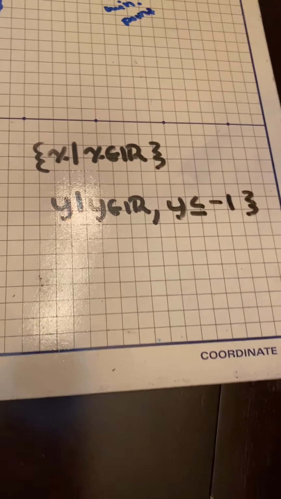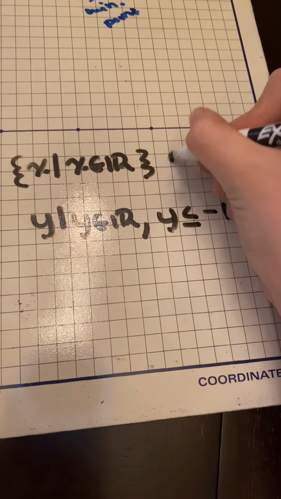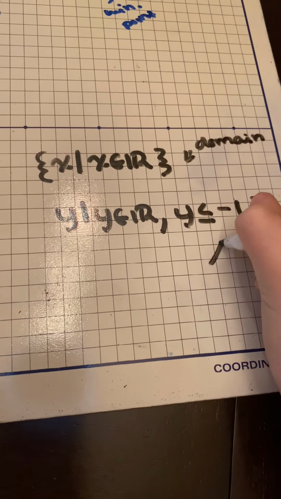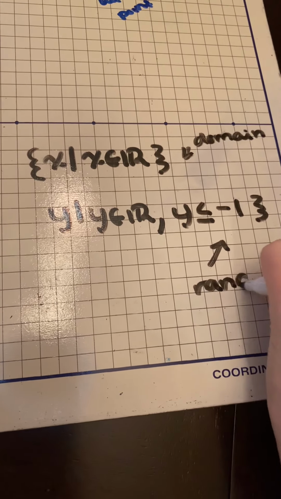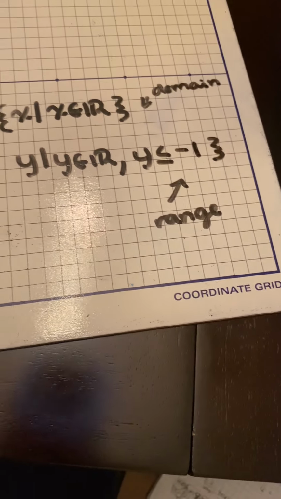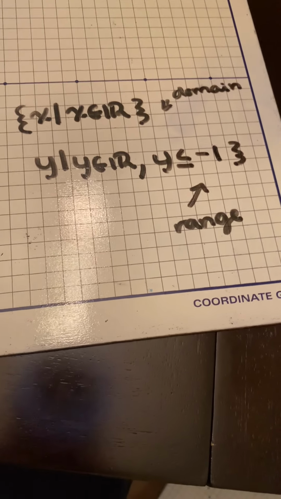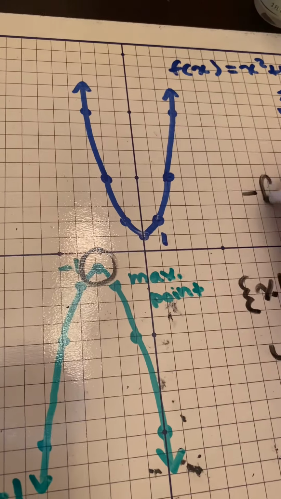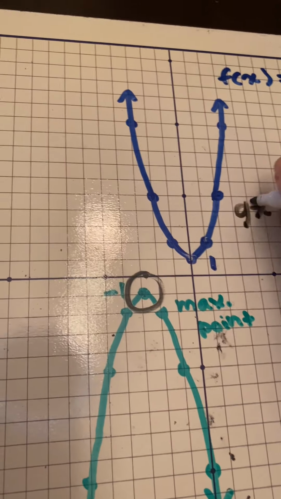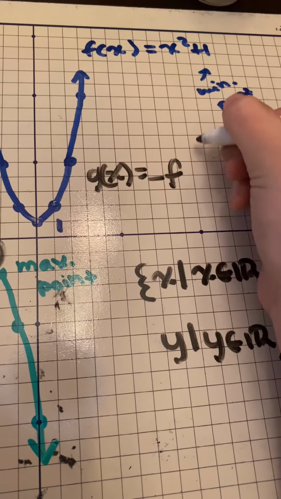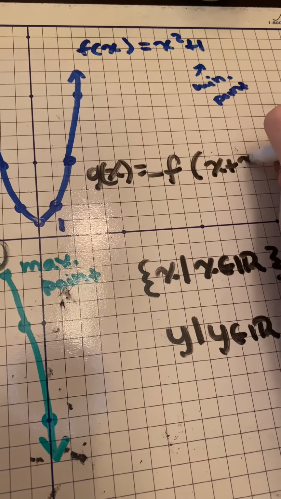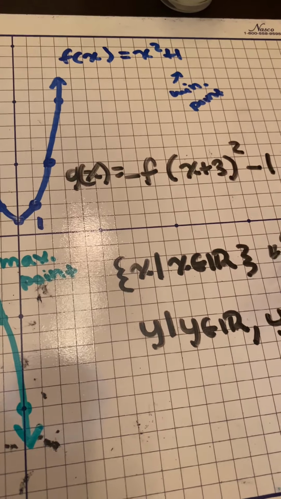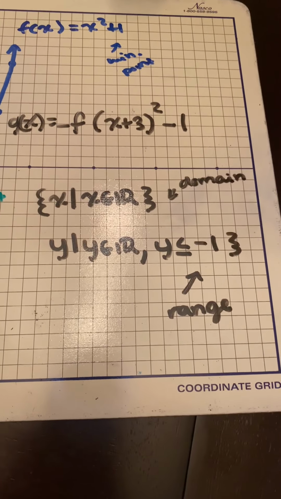So this is your domain, and this is your range. So I think that is it for this question. So for sure, your g function, as stated before, is -f of (x plus 3) squared minus 1. And these are your domain and range.